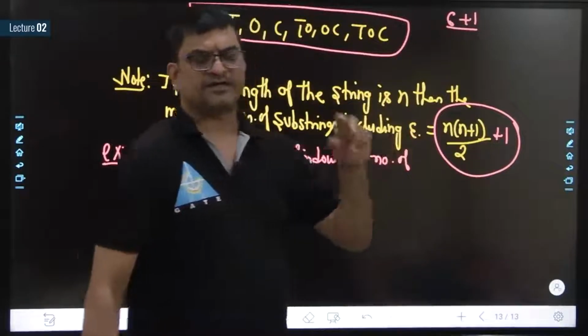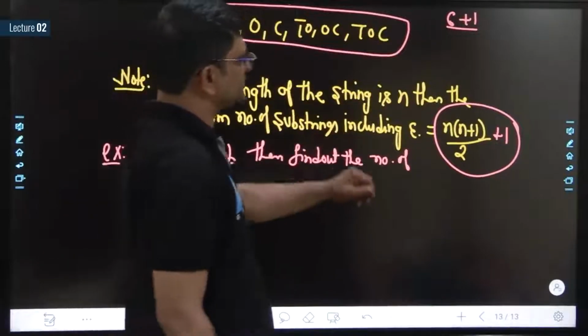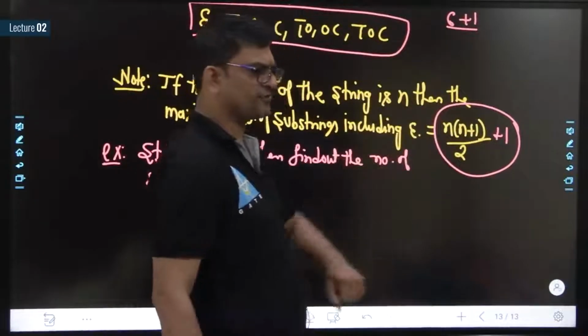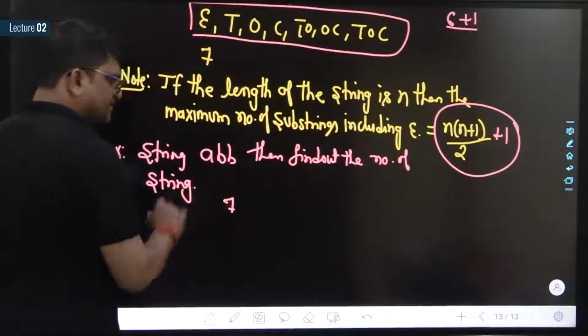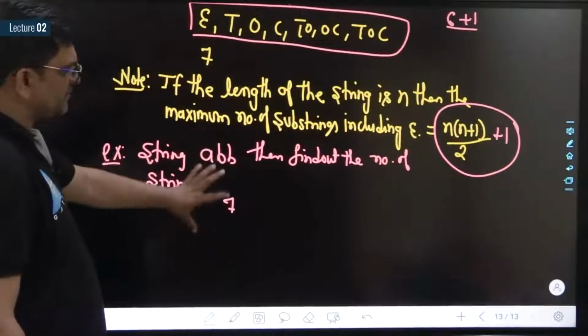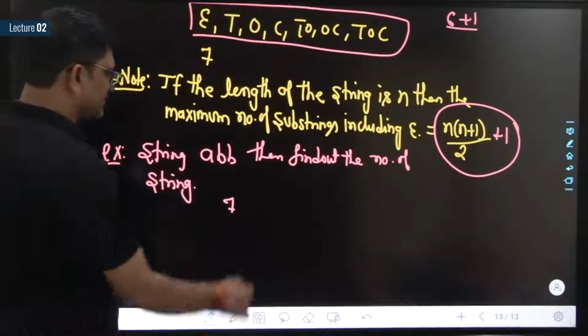By default epsilon is included. Using the general formula, the number of substrings is 7. But this is not true. The maximum number is 7, but there are some repetitions.